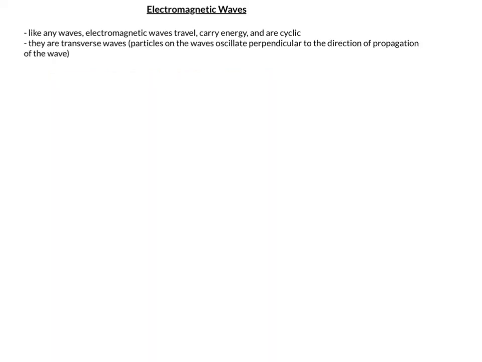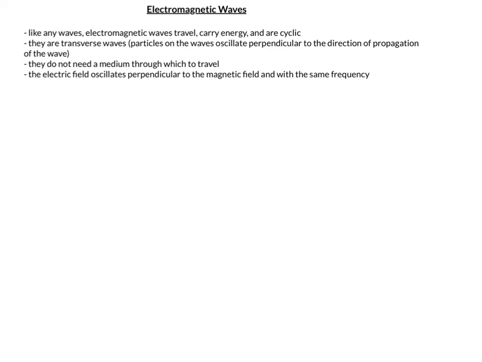Now, as I said before and as you saw in the demo, electromagnetic waves are transverse waves because the particles on the waves oscillate perpendicular to the direction of propagation of the wave. And we also discussed the fact that they do not need a medium through which to travel. Now, electromagnetic waves are clearly made out of electric waves and magnetic waves.